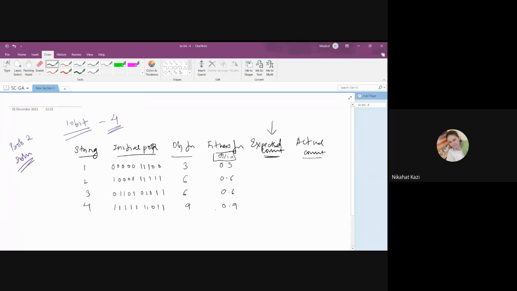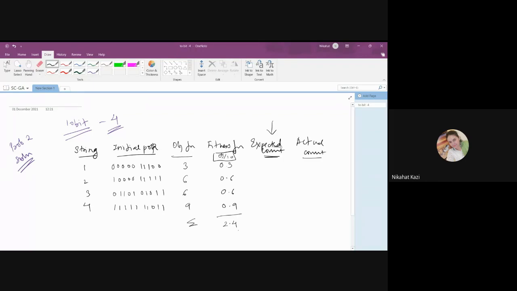According to this, you compute the expected count. What do you need to compute first? The summation of fitness. What is the summation of fitness? 2.4. Correct, 2.4 is the sum.